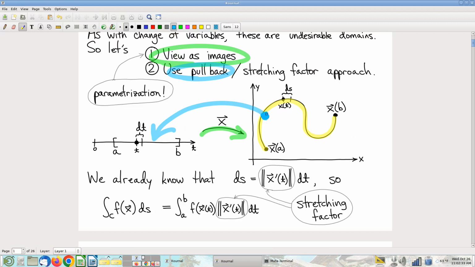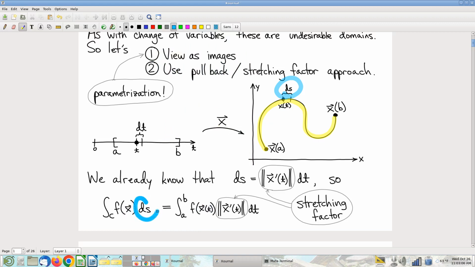Everywhere I see an X, for example, this point here has an X coordinate, let's recognize that's some function of t, and just plug in the change of variables function. So view your domain as an image, plug in, aka pullback, and don't forget that while you're doing that pullback, one of the things you're going to have to pull back is your differential.